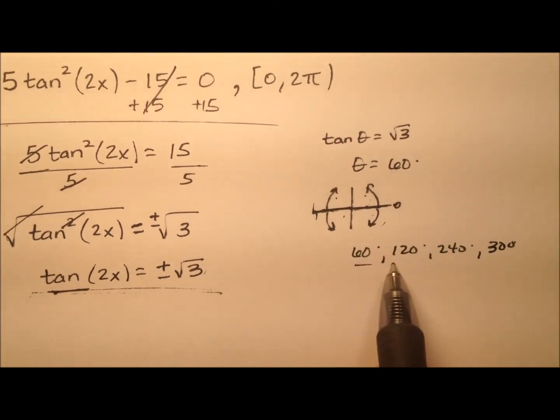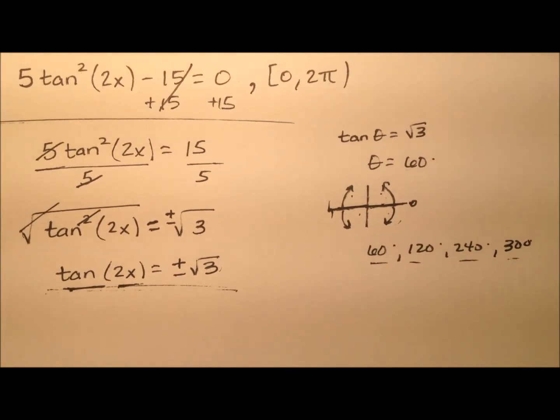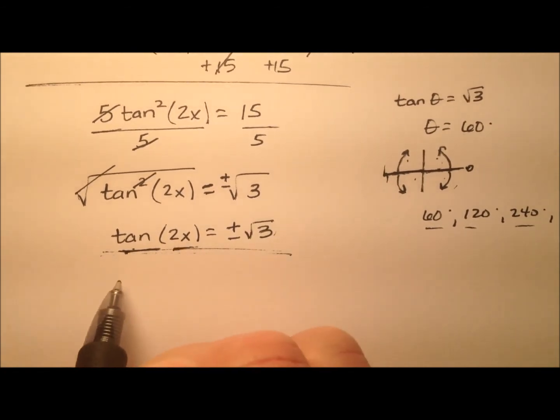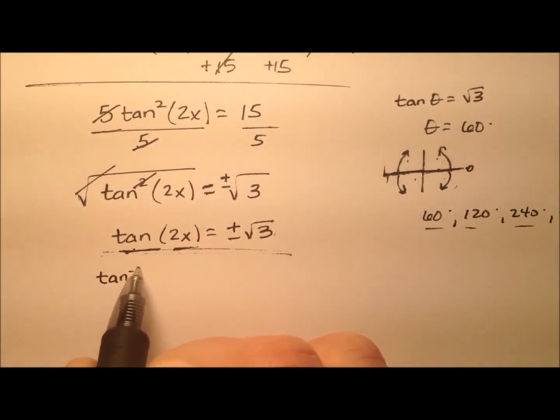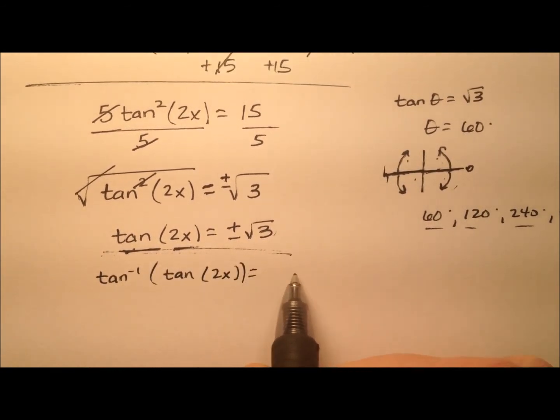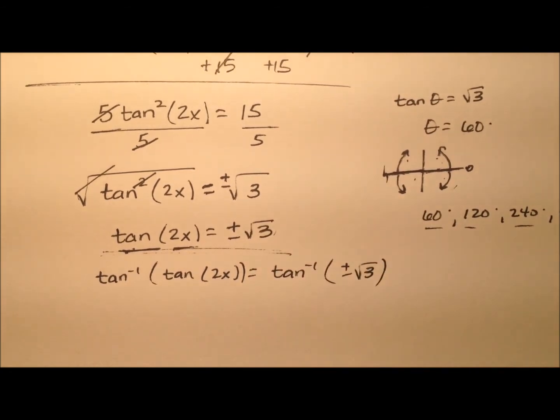Okay, so we have actually 4 values here, but remember, we have this 2x. So maybe I'm going to work this equation a little bit more. Let's do the inverse tangent of both sides, and I want to show you something. So the inverse tangent of that left side equals the inverse tangent of that right side.